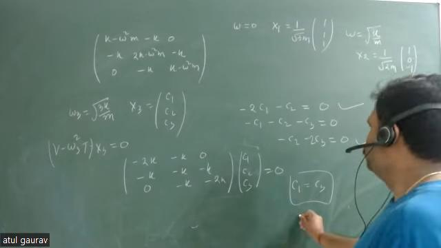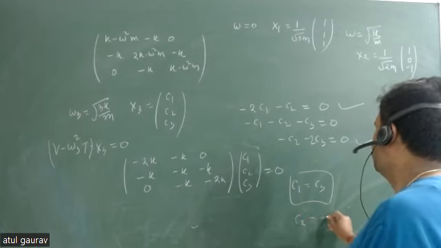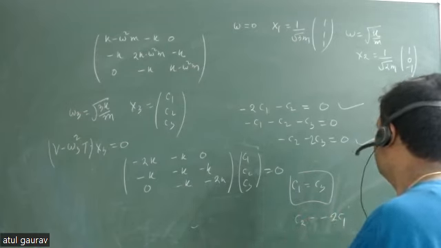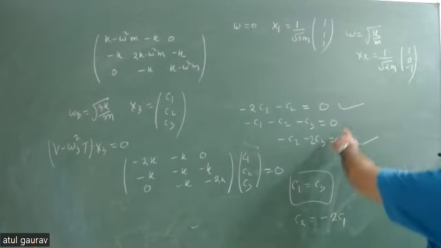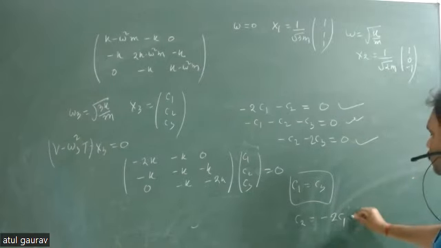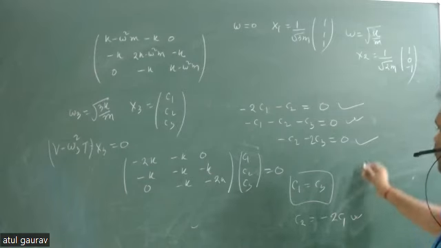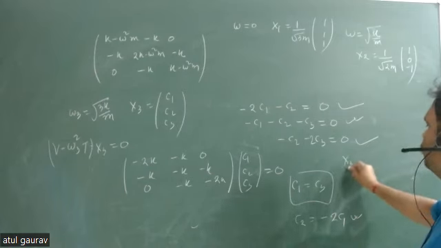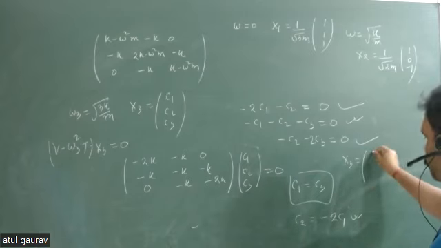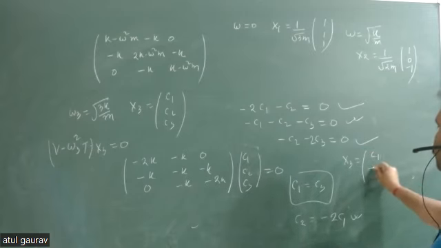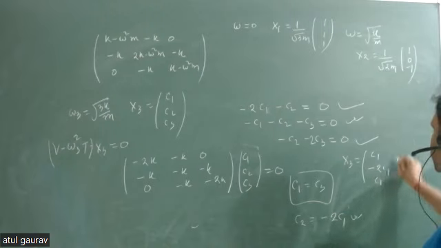And what about c2? c2 is equal to minus 2 times c1 from this equation. Clear again? And now when you will put it here, you have x3 as your c1, minus c1... sorry, c1, minus 2c1, c1.